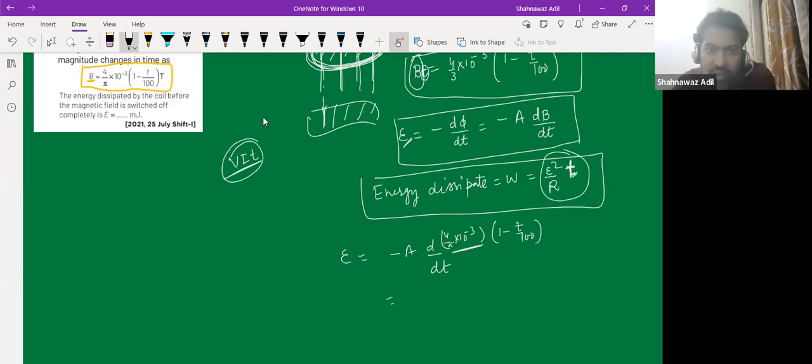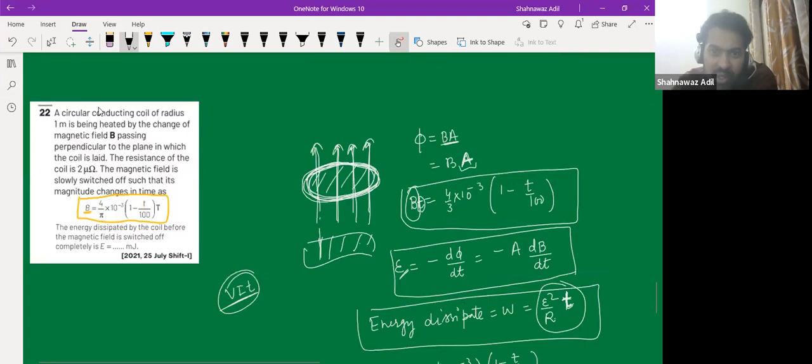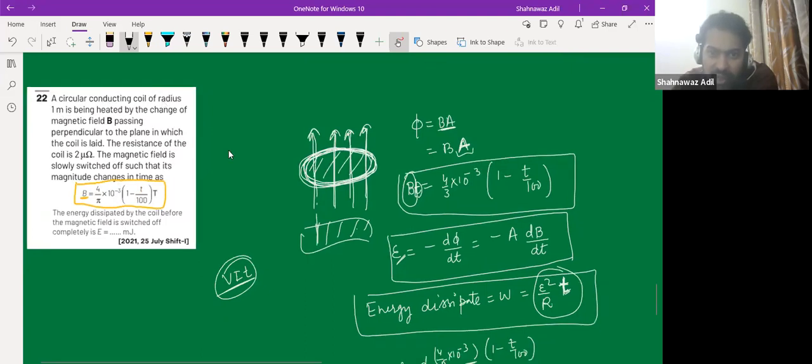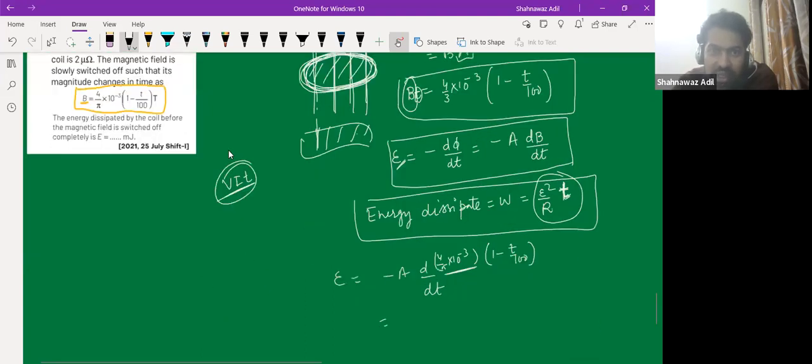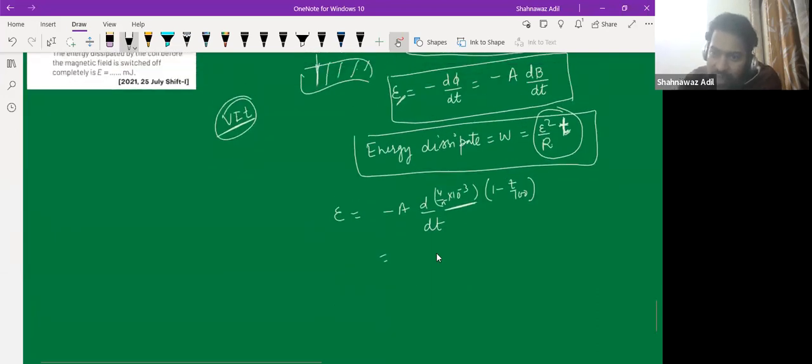Area was how much? A conducting coil of radius 1 meter, so pi r square, which is pi into 1 square. This is taken outside, and then d by dt of 1 minus t by 100.